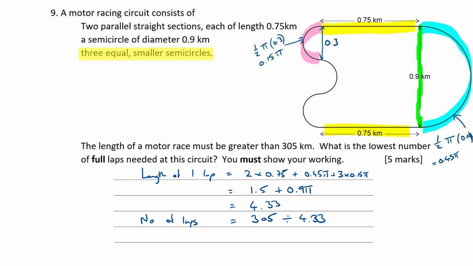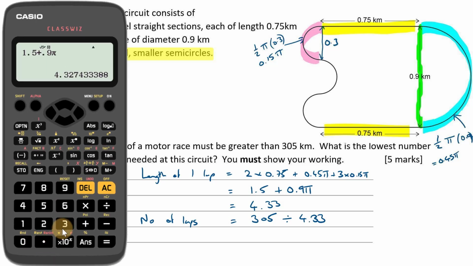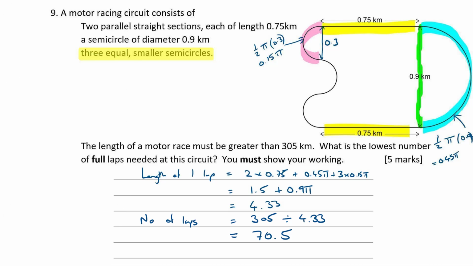On the calculator, 305 divided by my last answer comes out to be 70.5. But I can't have 70.5 laps. I need to have full laps, it says in the question. So I'm going to have to round that up. So in total, that means there are 71 laps.